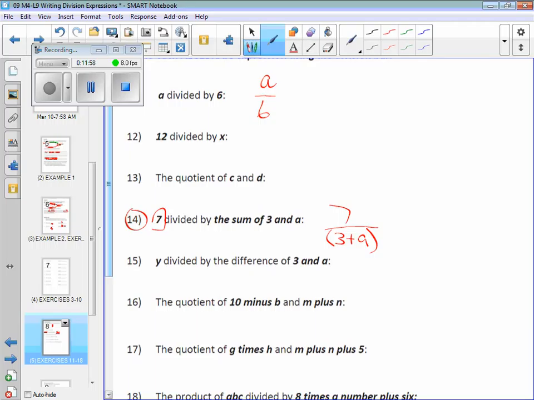If I tell you now A is 4, what does your quotient become? If I tell you A is 4, what is our answer? It's 1, 7 divided by 7, right? What if I tell you that A is 10?